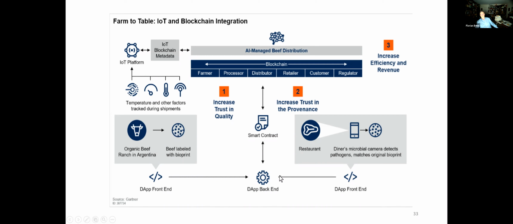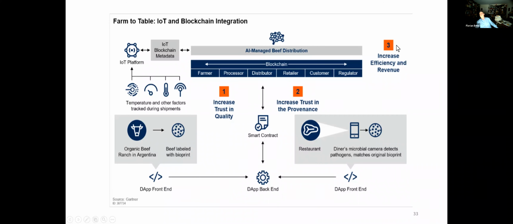So this is the front end. The back end is the blockchain. Then a smart contract is created, which specifies what should happen with all this beef and what should happen in case of different types of conditions, for example, if the temperature exceeds an allowed threshold. And then finally, the beef travels through all these steps and gets to a restaurant. The diner in this example can check this bioprint to verify that the beef is fresh, it's not contaminated, and it comes from this source. That's the idea of this particular example.